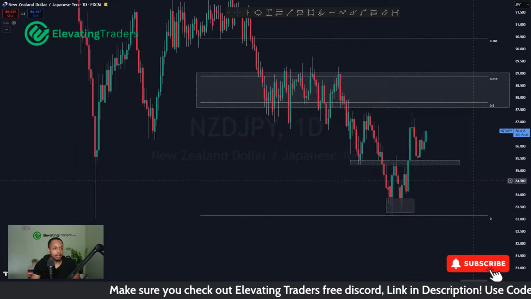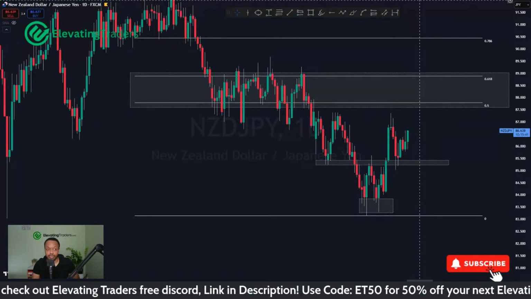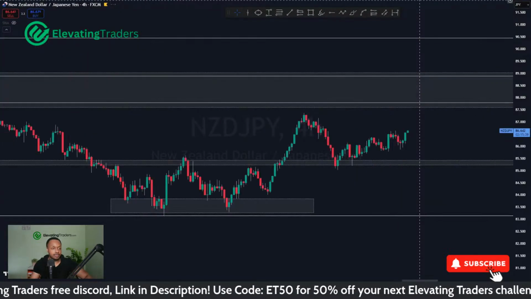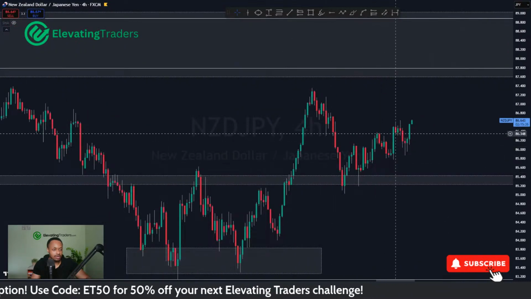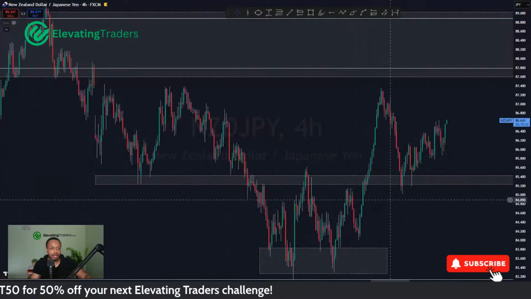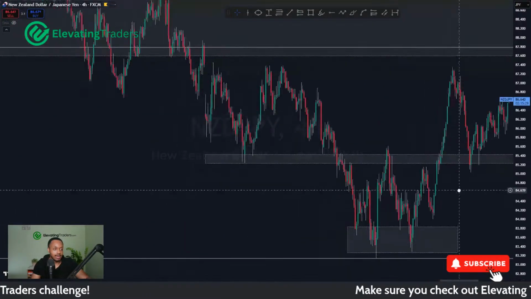Let's not forget that. But yeah, the yen pairs are looking pretty bullish to me, so I'm being very cautious about selling them. And as I look at them now in the lower time frames, it's a pretty corrective move. So it's not like we're flying, although that was a nice impulse there.